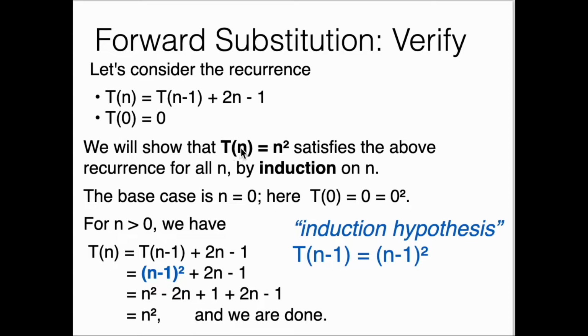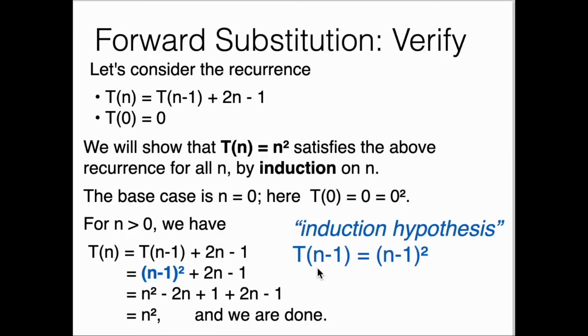So T of 0 is equal to 0 squared. For the base case, we're done. For the induction hypothesis, we will assume that for n minus 1, this condition holds. By assuming that this is correct, we will arrive at our guess, which is T of n equal to n squared.